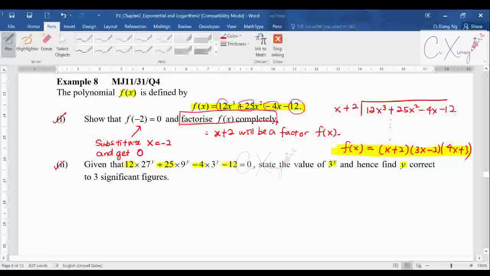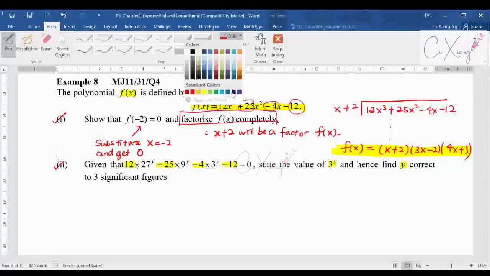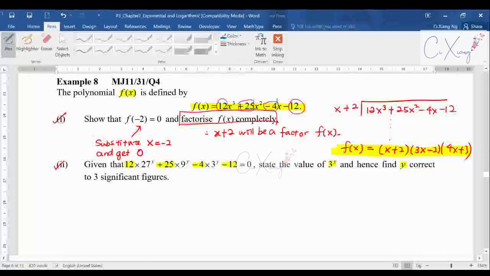If you compare slowly, you will look at -4x. It becomes -4 times 3^y. That means let x equal 3^y.